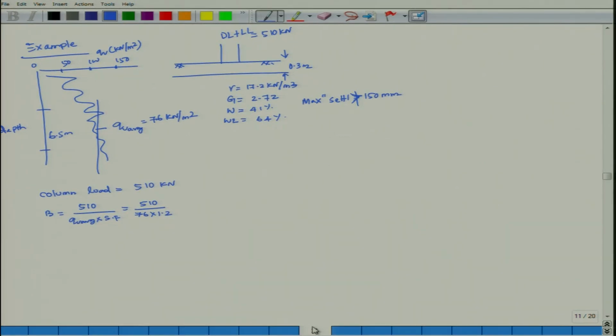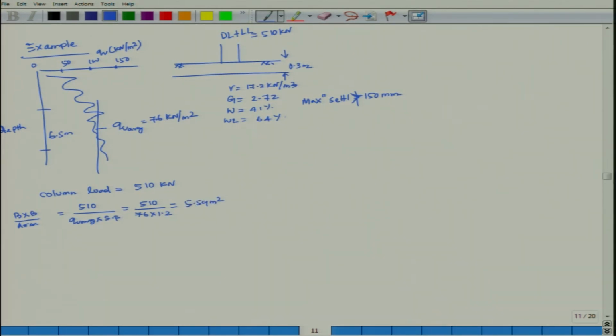So area comes out to be 5.59 meter square.